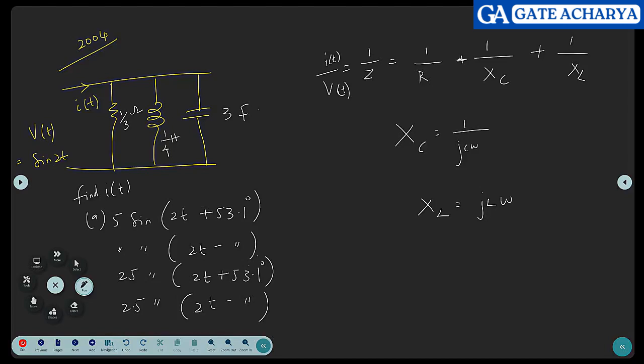How to handle complex numbers. So actually you should have got, what is the complex number? 3 plus 4j.